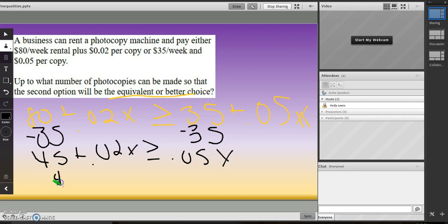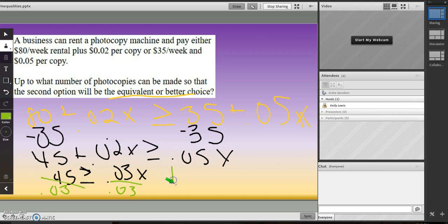I'm going to subtract this 0.02 from each side, and I get 0.03. Then I need to divide by this 0.03. Okay, and 45 divided by 0.03.